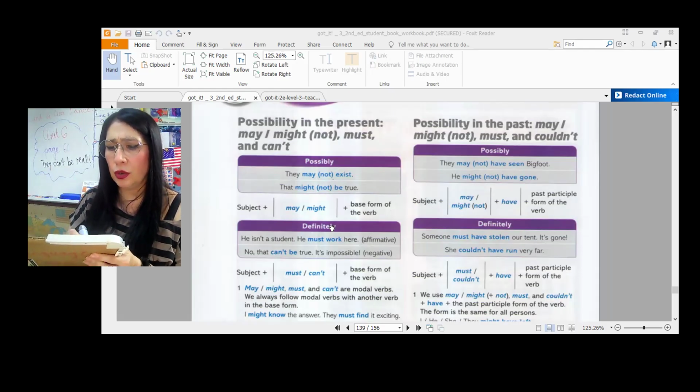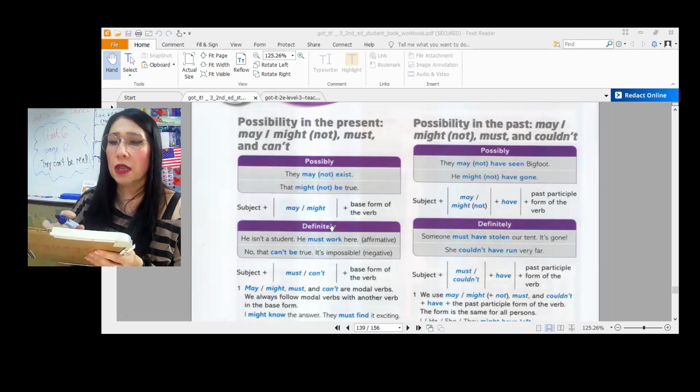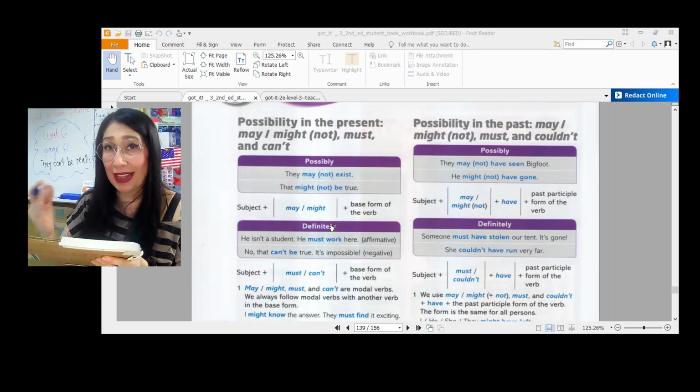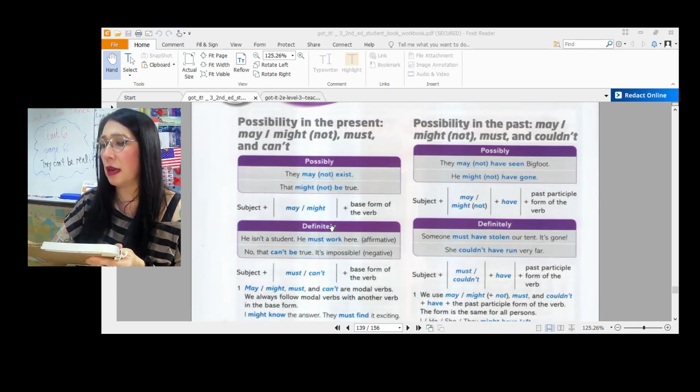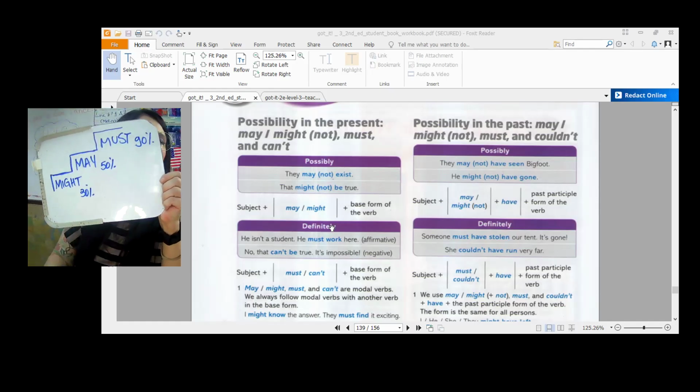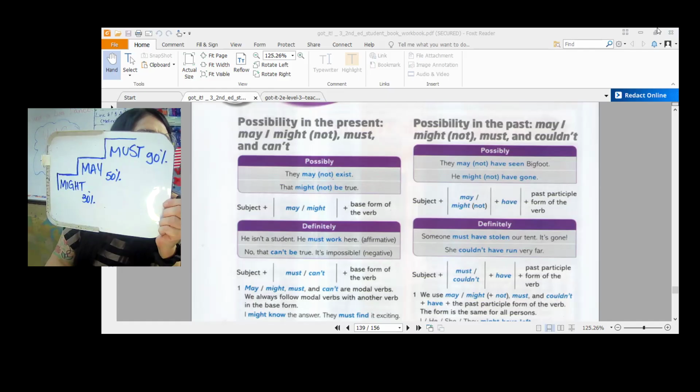I like to draw, you know that I like steps, just like stairs, normally to represent some levels. Yeah, I'm gonna level these modals. So we use might, we use may, and we use must this way, 30%, 50%, plus 20%. Are you able to see? Let me check. Yes.